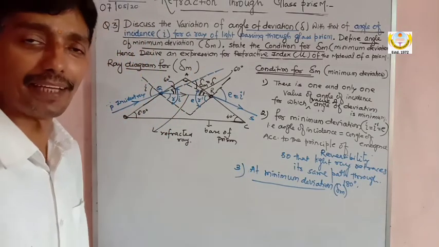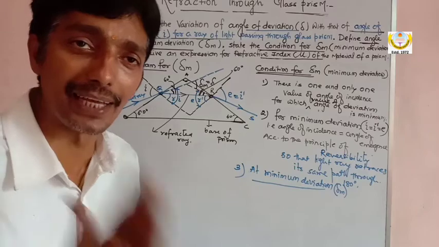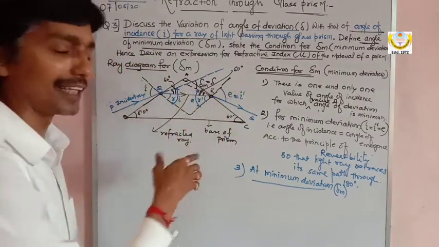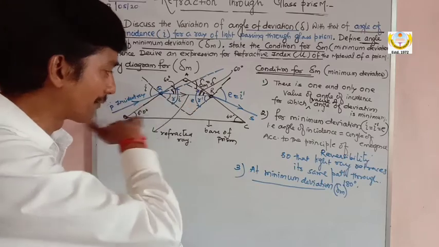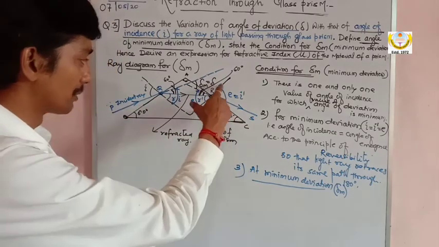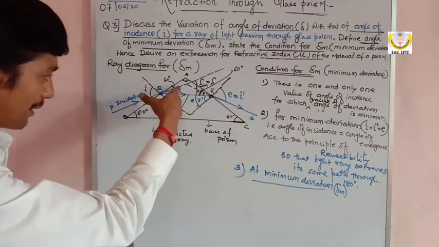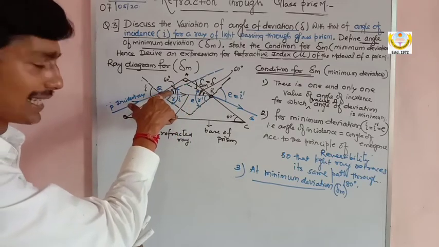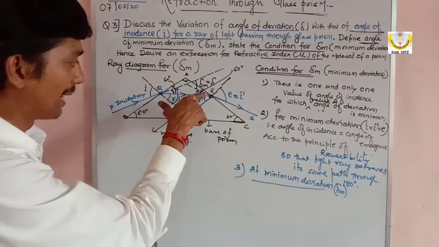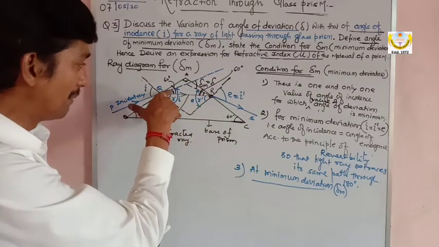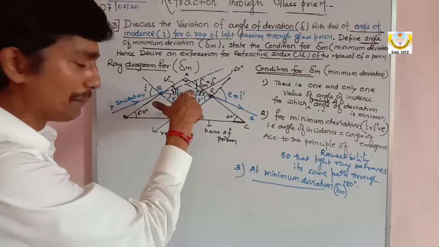At minimum deviation, what should happen? I and E become equal, so the refracted ray will be parallel to the base. Because when E is equal to the vertically opposite I, here it is I minus R, and here it is E minus R. R and R dash will be equal. Am I clear?